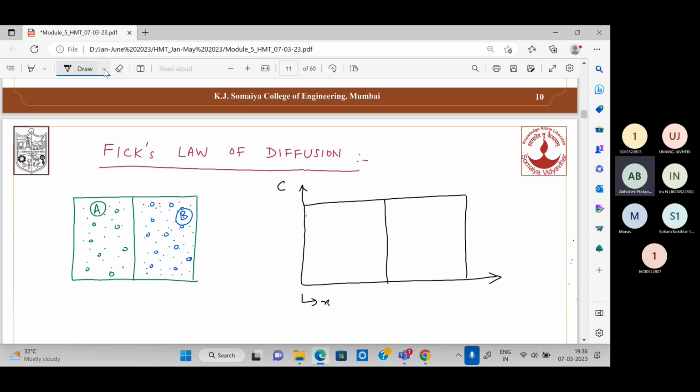Now we want to show the concentration behavior.